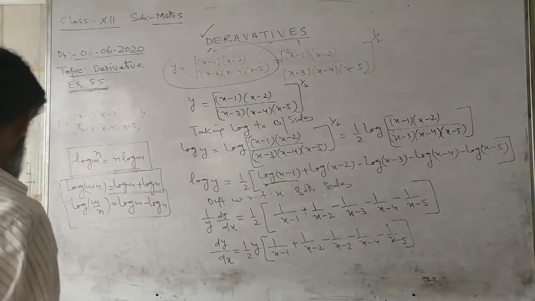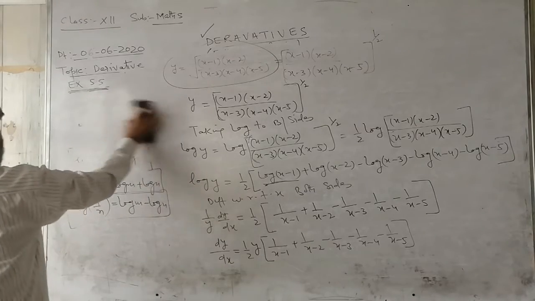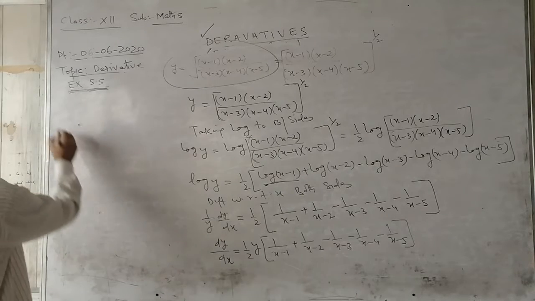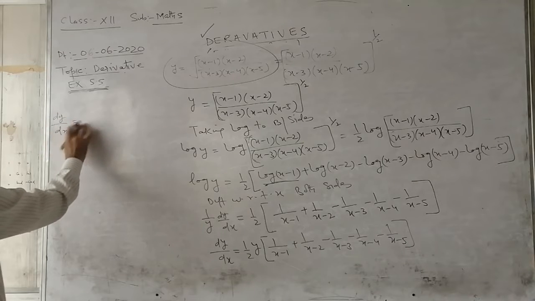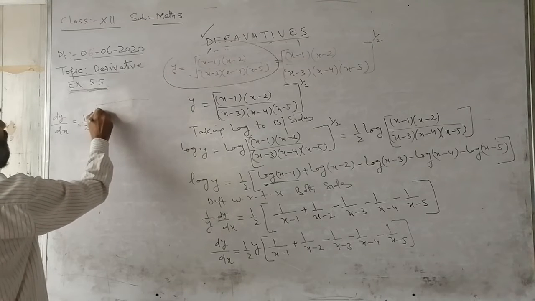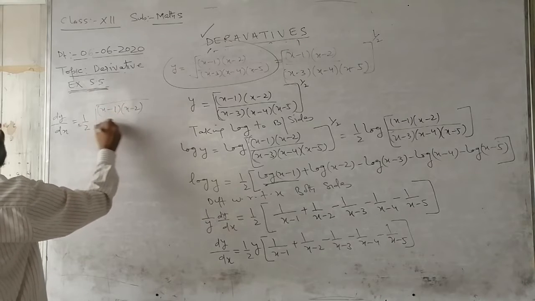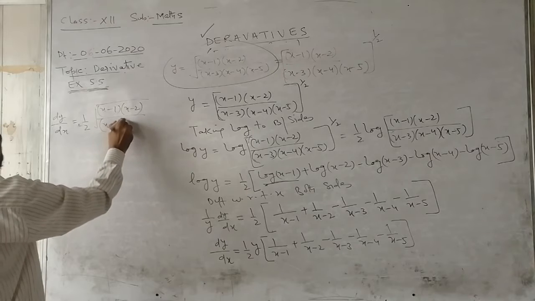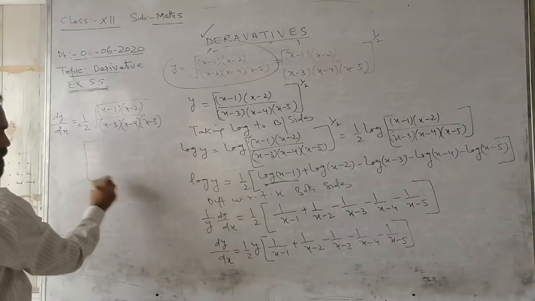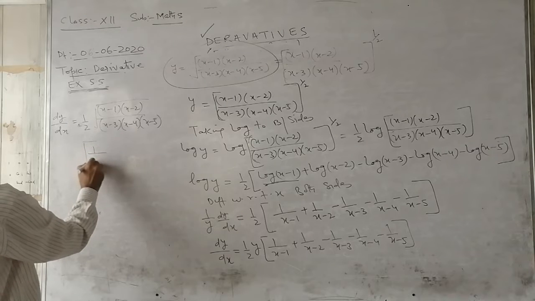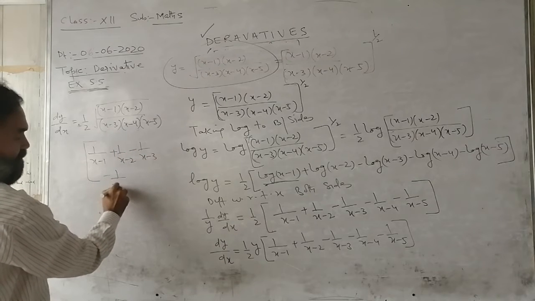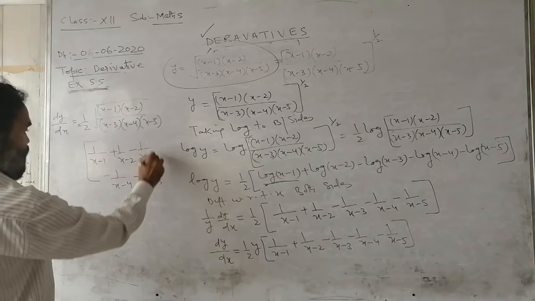So dy upon dx will equal finally half into the value of y, into the whole term, that is 1 upon x minus 1, 1 upon x minus 2, 1 upon x minus 3, 1 upon x minus 4 and minus 1 upon x minus 5.